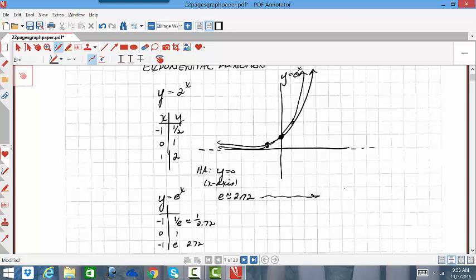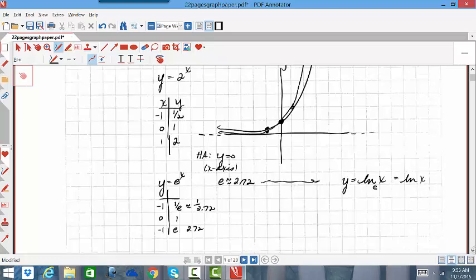Now the reason e to the x becomes so important is because the inverse of this function is going to be the natural logarithm. The natural logarithm has an assumed base of e. We don't normally write it. We usually just write the natural log of x, but e is always assumed as the base.